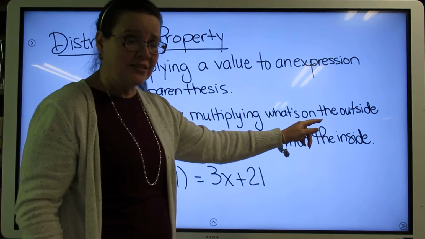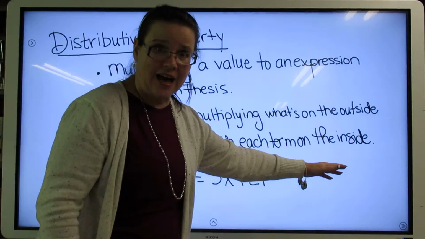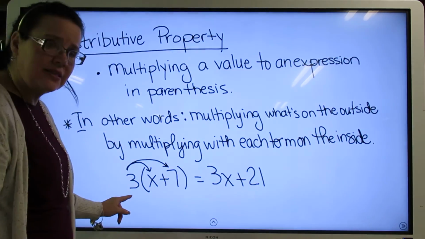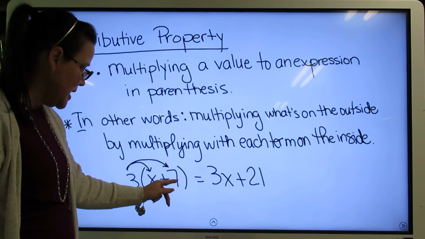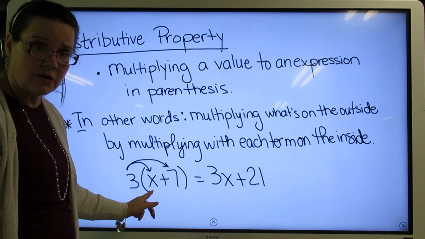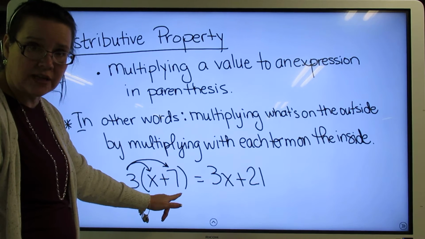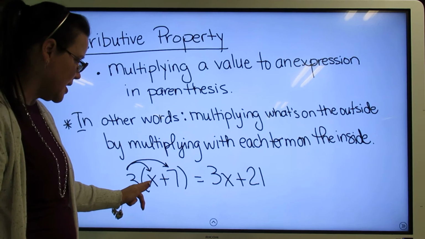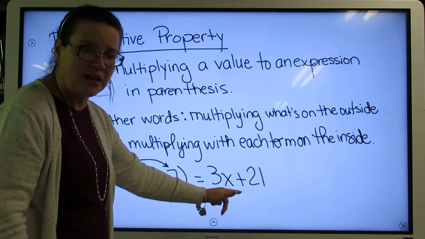Multiplying what's on the outside by multiplying with each term on the inside of that parentheses. So this is 3 times x plus 7. See the parentheses? And you're going to take your little arrows and point to each term because sometimes people leave this one by itself and think it's just 7. But it's really 3 times x and 3 times 7, which would be 3x plus 21.